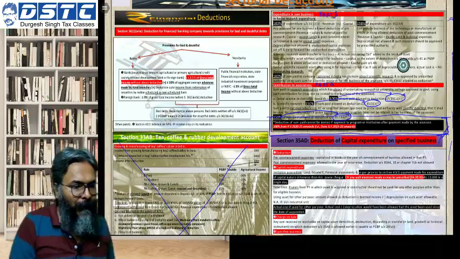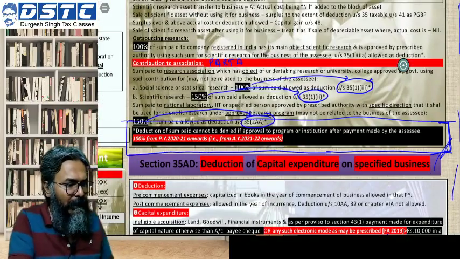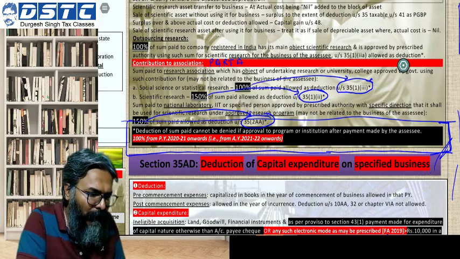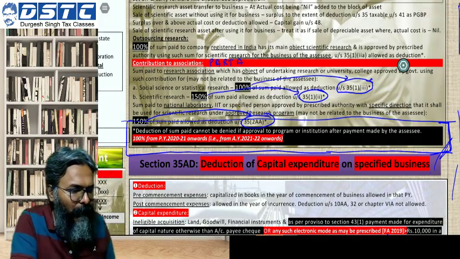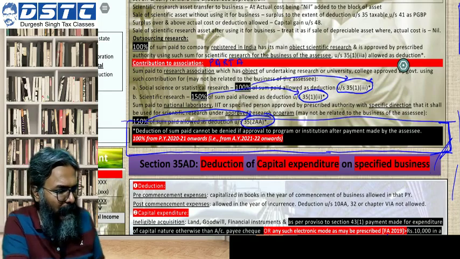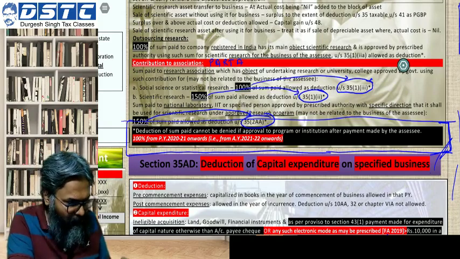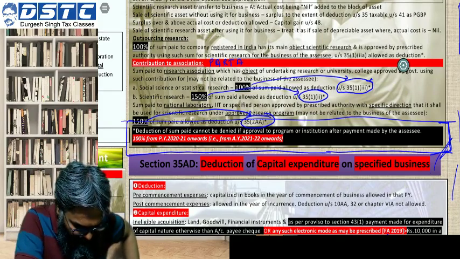So so far as the donations are concerned, do ensure that the section number is known to each one of you: 35(1)(3), 100% reduction; 35(1)(2), 150% reduction; 35(2AA), if it would be there, then it would be 150%.